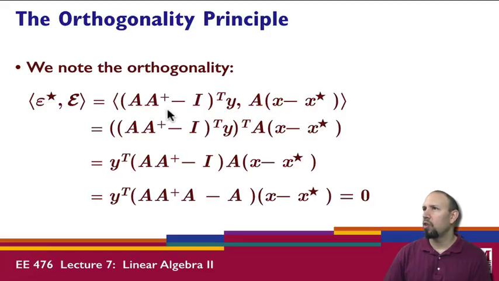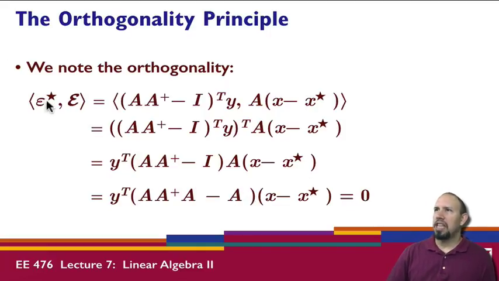This quantity transposed becomes y transpose, all of this stuff transposed, but transposing just gives me the matrix. I can now distribute A into this matrix, and I get A pseudo-inverse A minus A, and by definition of the pseudo-inverse, that must be 0. So we can see the orthogonality there. That's important. So this error is orthogonal to this error.